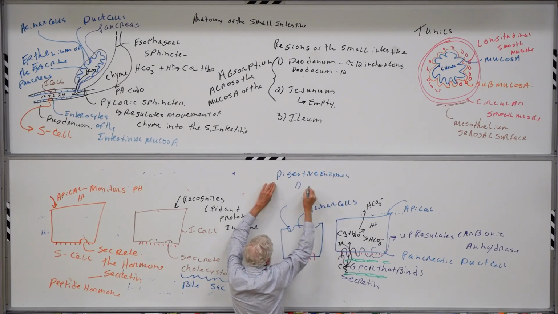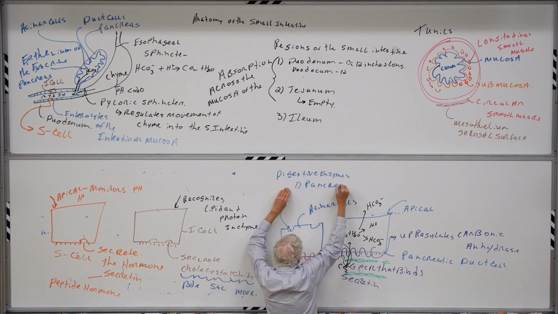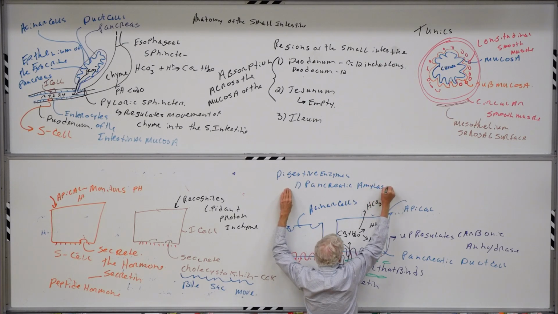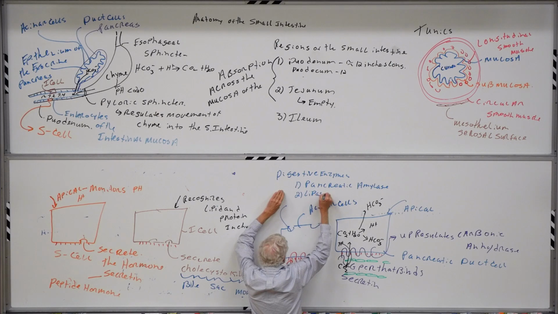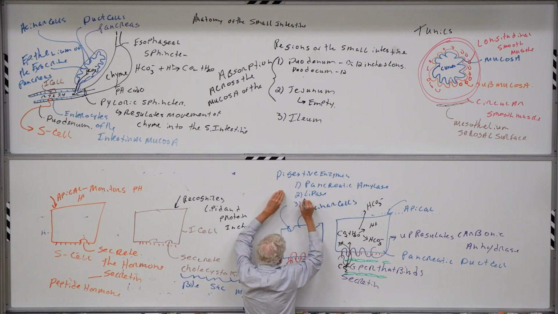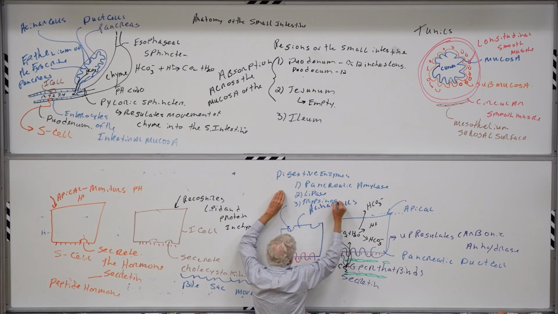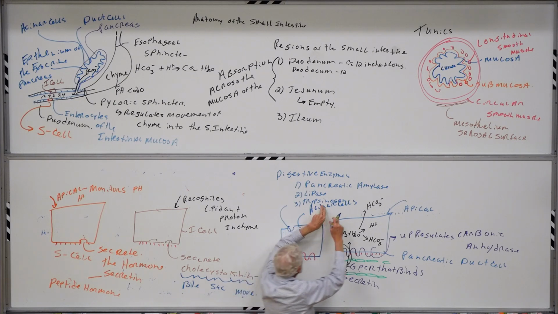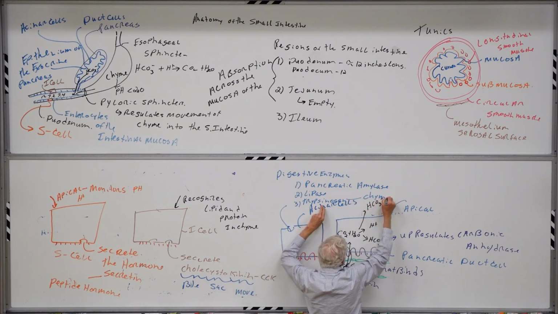These digestive enzymes include pancreatic amylase. They include lipase. And they include trypsinogen. Here's that suffix again, OGEN, it's inactive. Trypsinogen and a related molecule called chymotrypsinogen.